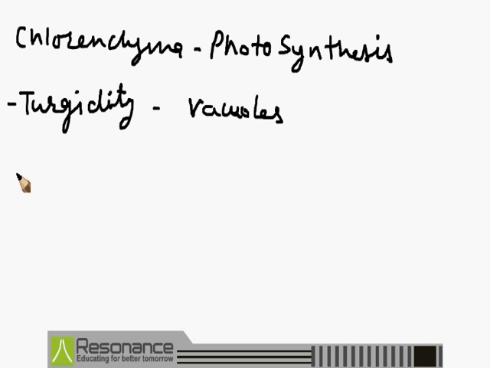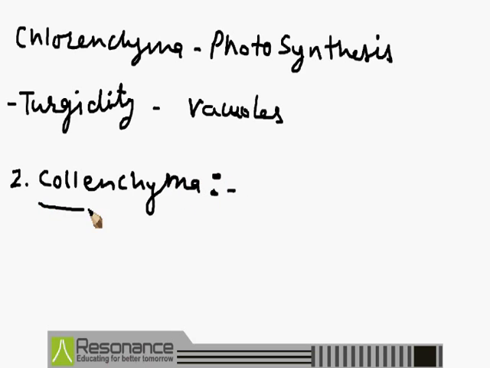Now, next one is the second, collenchyma. Collenchyma is the second type of tissue in simple permanent tissue. The name is specific for such types of cells which have deposition of cellulose and pectin at the corners of the cells.